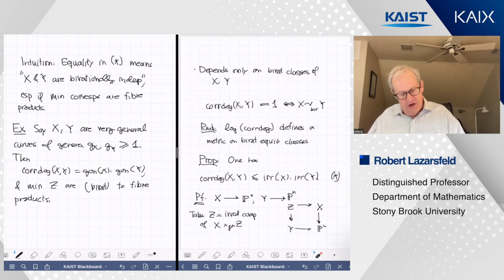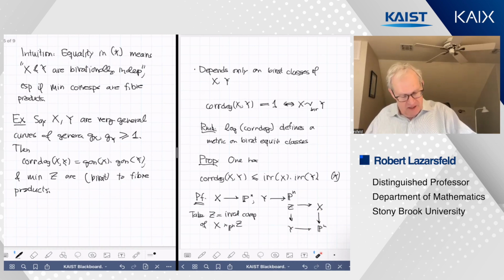So for general curves, you take the gonality map from x to P1, the gonality map from y to P1, and you take z to be essentially the normalization of the fiber product.